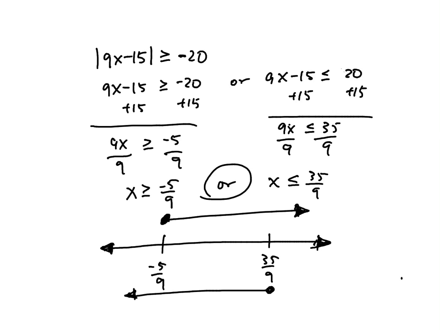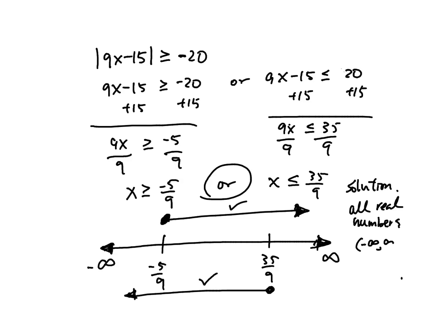So in this case, everything's covered, because from negative infinity up to 35 over 9 is covered. From negative 5 over 9 up to positive infinity is also covered. So the solution is all real numbers, and the interval notation will be negative infinity to positive infinity.